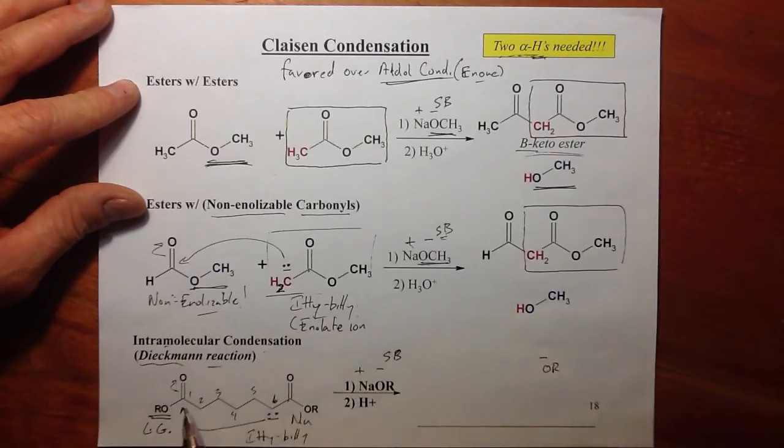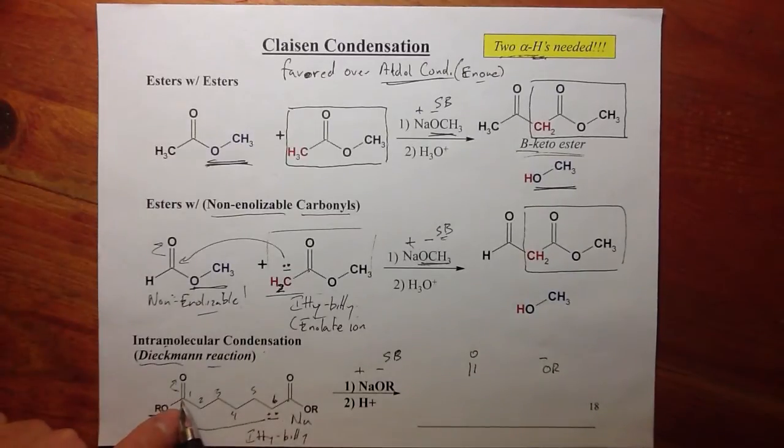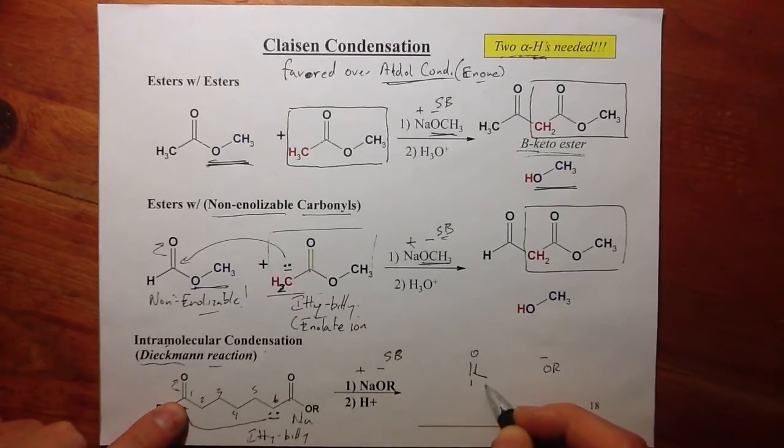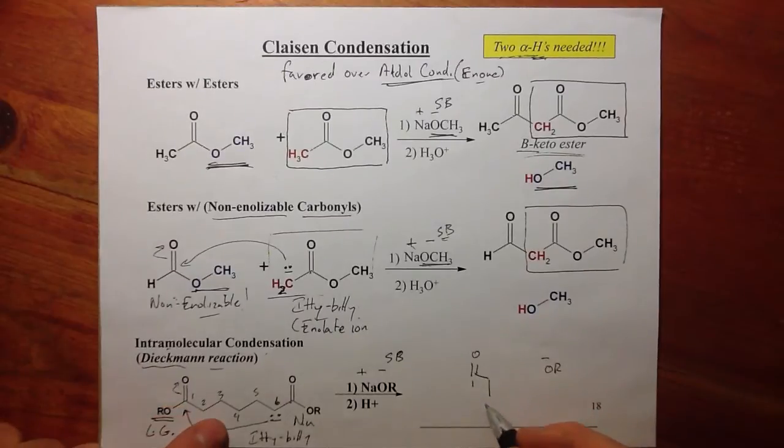And we're going to now draw a six-membered ring. I'm going to put 1 at the very top. Off of 1, we reestablish the carbonyl, since it's acyl substitution, and it is with Claisen condensation. We have acyl substitution of this methoxide. So 1, and then come to 2, 3, 4, 5, 6.